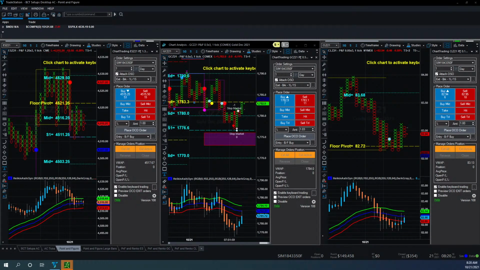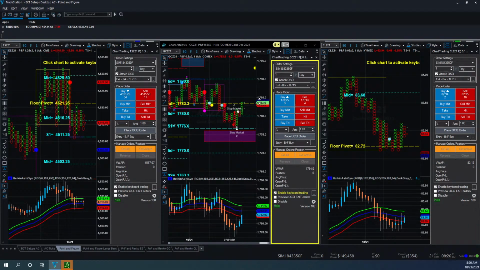Okay, so it seems that gold is going back up to range. Failed on this breakdown, and then gave us a nice loss of $354.